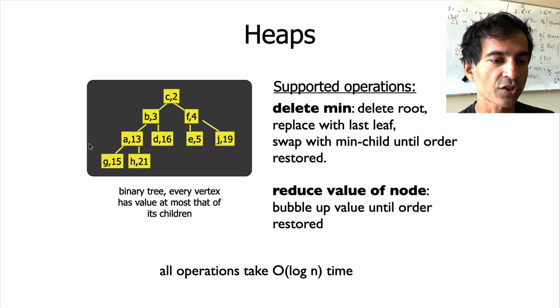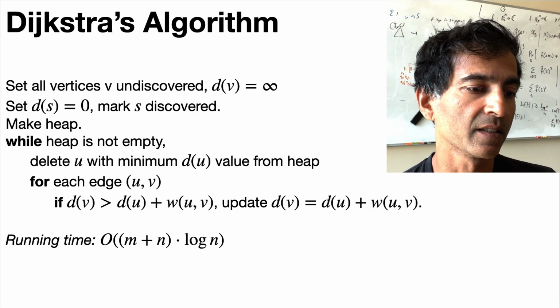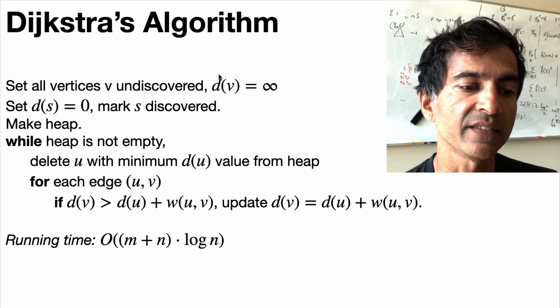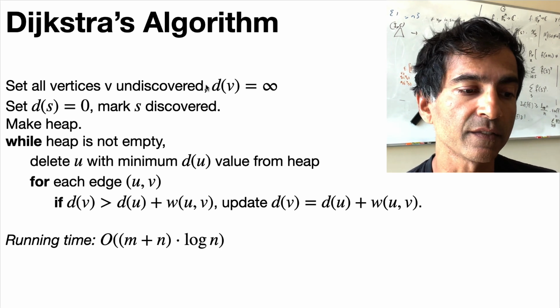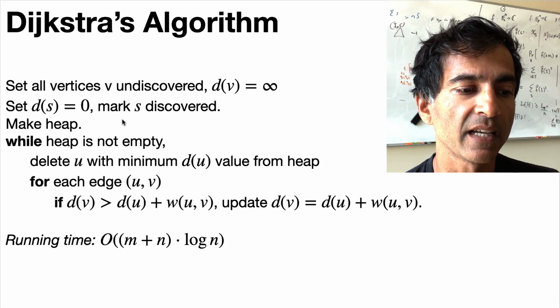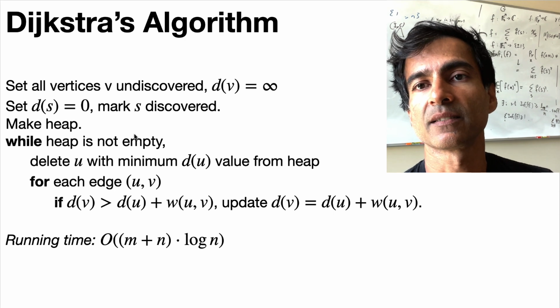So given this data structure, we can now implement Dijkstra's algorithm very efficiently. The way we do that is, as before, we start by setting d_v values of all vertices to be infinite, except for s, which we set to be 0. And then we make the heap by adding all the vertices with their d values.